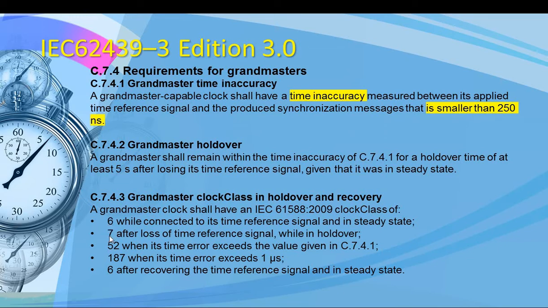If it moves to holdover, the clock class is 7. If the accuracy is worse than 250 nanoseconds, the clock class should be 52. If the accuracy exceeds 1 microsecond, the clock class is 187. If the GNSS signal comes back and the grandmaster returns to locked status, the clock class moves back to 6.